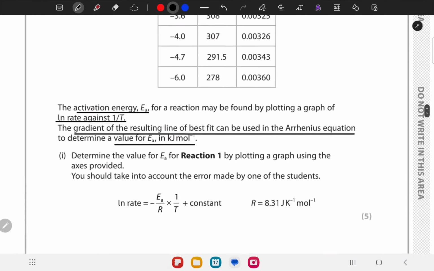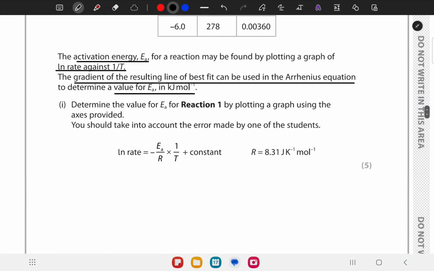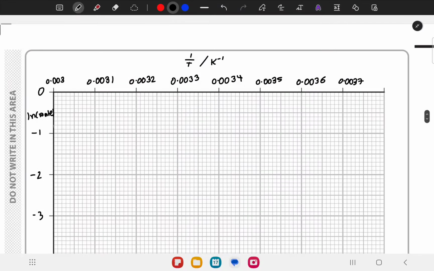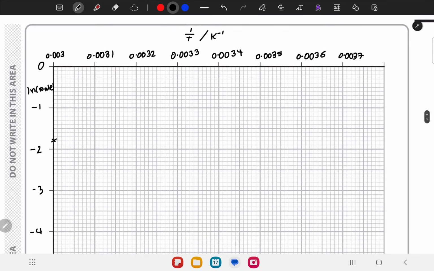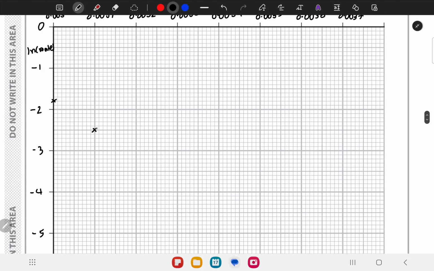If we plot our graph, the first set of values is minus 1.8, 0.003. So minus 1, this is minus 1.8. The next value is at minus 2.5, 0.0031. So over here.